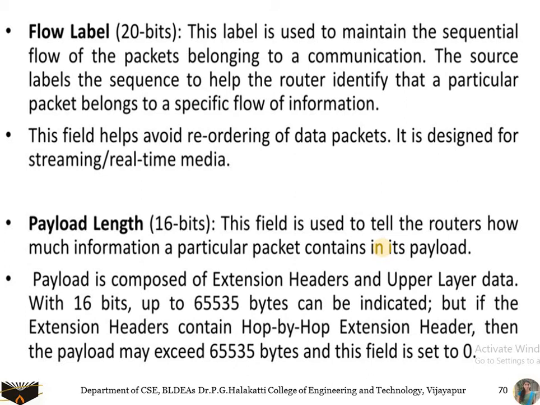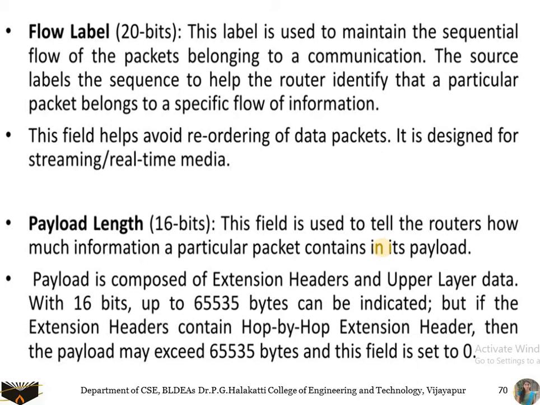So this flow label helps to transmit the data in a sequential way. This field helps avoid reordering of data packets, and it is designed for streaming or real-time media. So if we have the flow label, then the packets that arrive at the destination are already in ordered format, so reordering is not done at the destination.